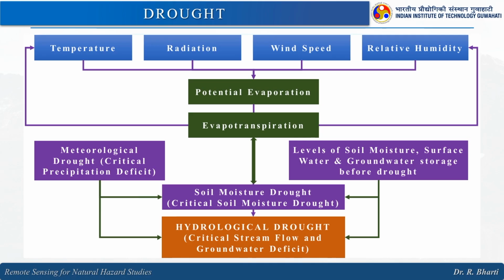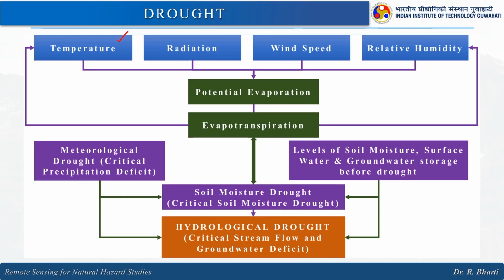When we talk about drought assessment, what are the parameters required to identify whether a region is vulnerable to drought or under water stress? First is the temperature, then radiation, then wind speed and then relative humidity.